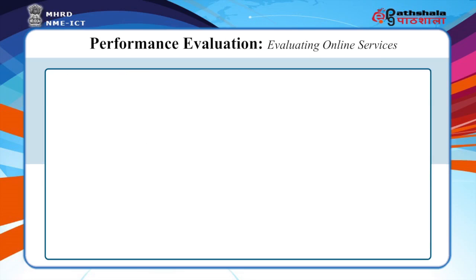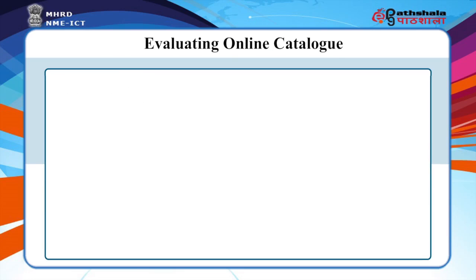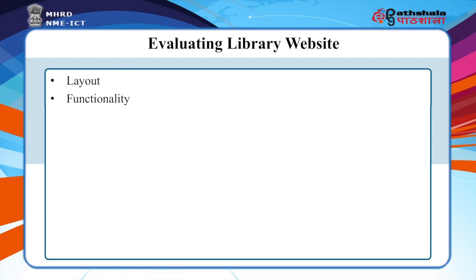Online services cover the public access catalog and website of the library. OPAC is evaluated on the basis of layout, functionality, ease of use and terminology. A website is evaluated on the basis of its layout, functionality, usability, and the more services and functionalities are added to the library website, the more important the usability becomes.